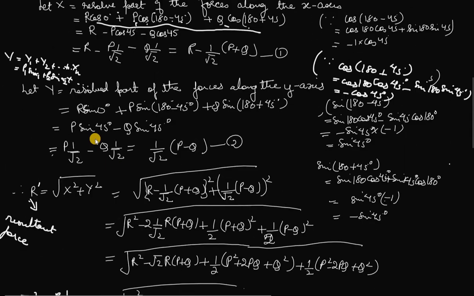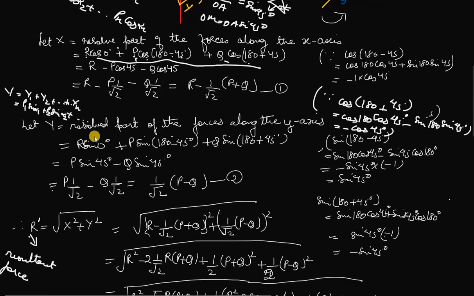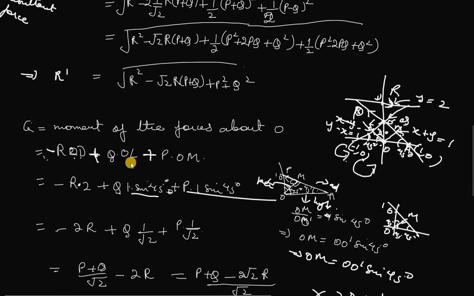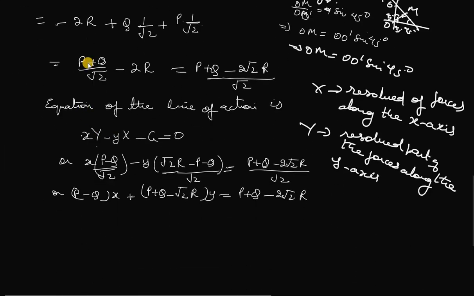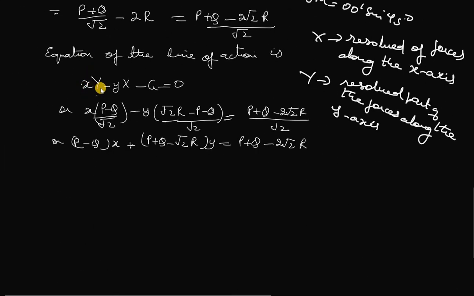What is that value? From equations 1 and 2, you just replace them here. So we have capital Y equal to P minus Q by root 2, and capital X equal to root 2 R minus P minus Q divided by root 2. And what is G? When you bring it to the left hand side, it is equal to P plus Q minus 2 root 2 into R divided by root 2.